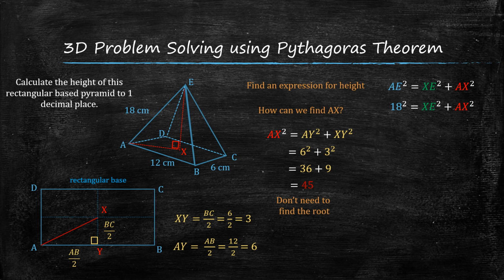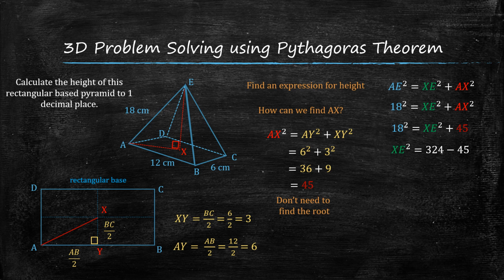Now we don't need to find the root. We take this as is and put it into our expression for AE squared. So AE squared was equal to XE squared plus AX squared. So that's 18 squared equals XE squared plus AX squared. Let's plug in the 45. So 18 squared equals XE squared, our height, plus 45.